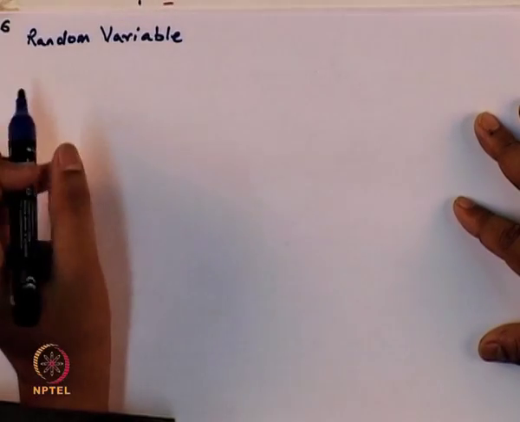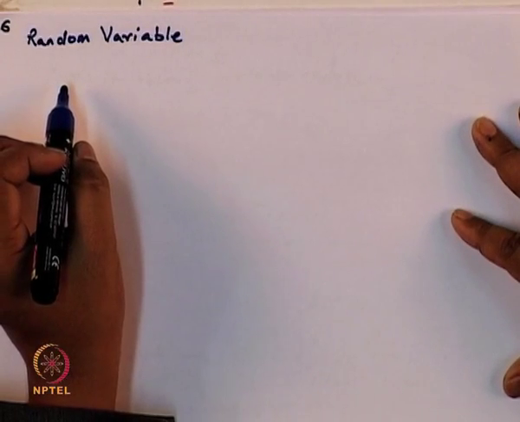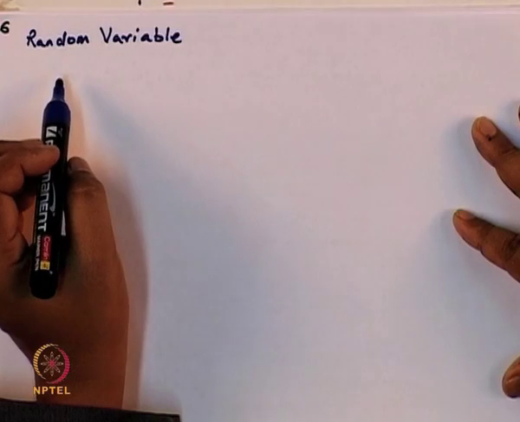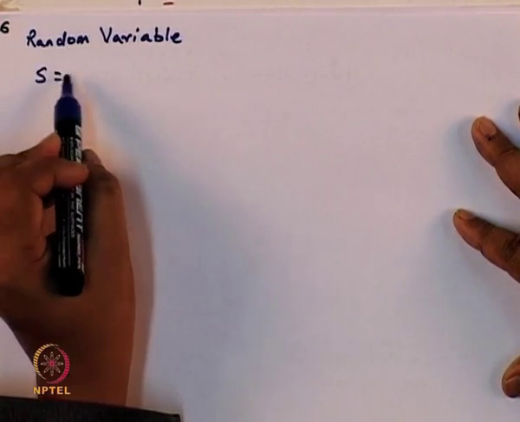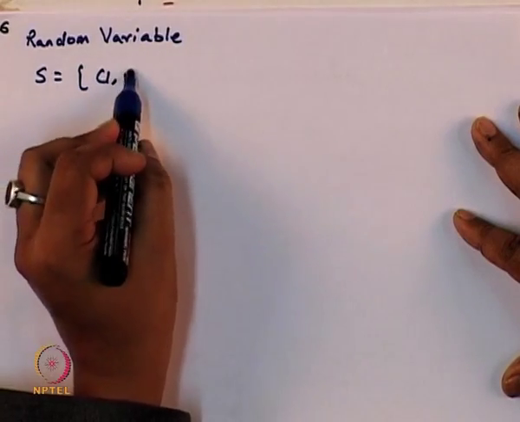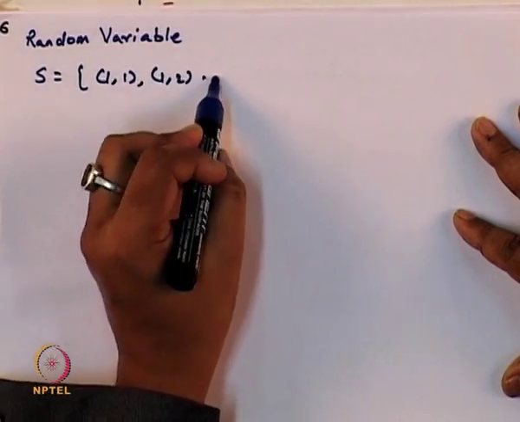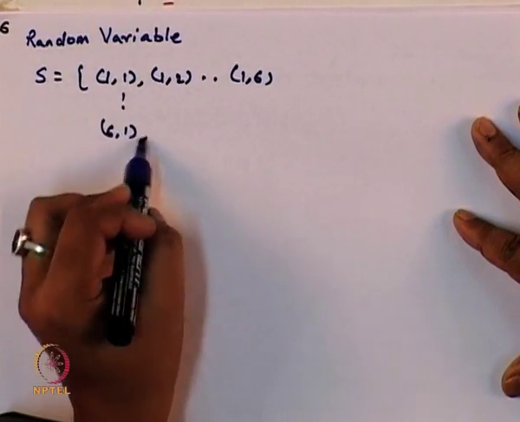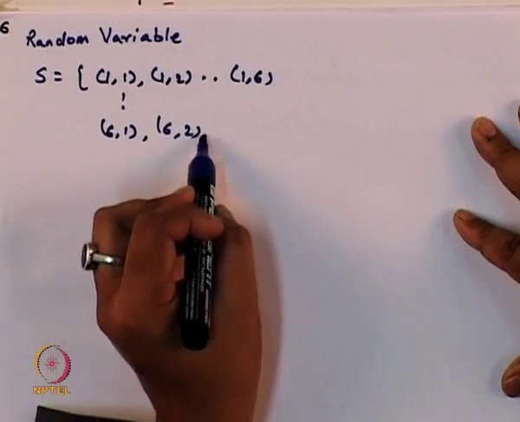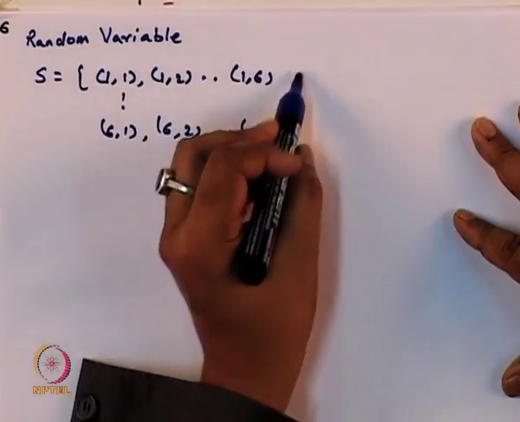Okay. So, imagine I am tossing a coin twice, or rolling two dice together. In that case my sample space is 1 1, 1 2, and so on and so forth up to 1 6 ... 6 6.